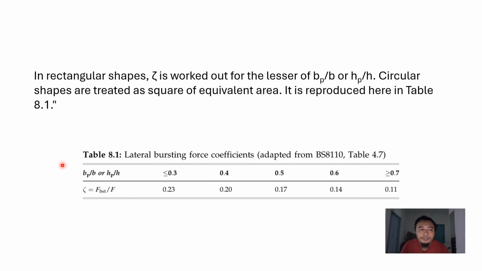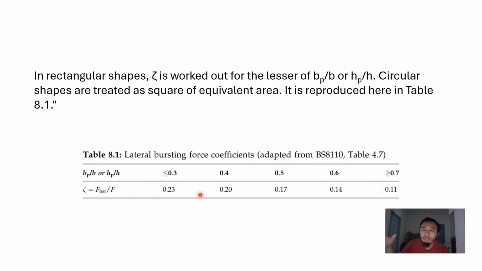Basically, when you have your BP over B or HP over H, whichever is the least, the ratio determines the value of your bursting coefficient. If it is less than 0.3, then it will be 0.23. As you can see here, as your ratio becomes smaller, the value becomes higher, so the contribution of vertical force to bursting force becomes higher.